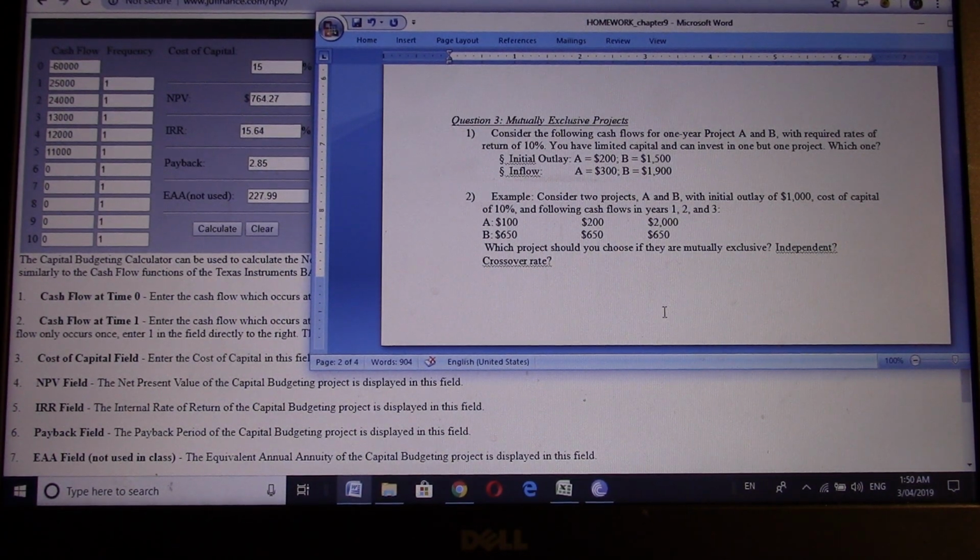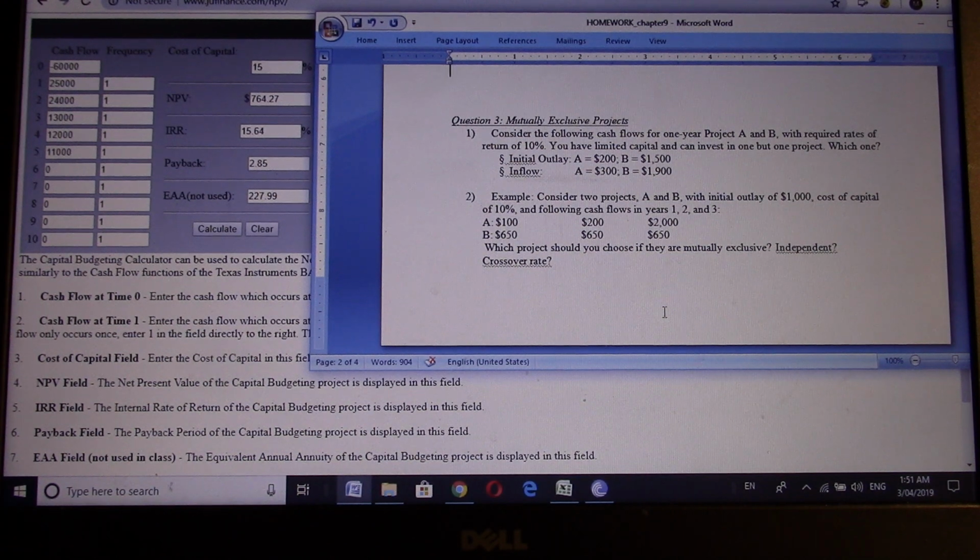For project A, your initial outlay is $200, and your cash flow from project A in year 1 is $300, and the project will be over after year 1. And you also could consider project B. The initial expenses are $1,500, but your cash flow in year 1 is $1,900. So which one should you choose?